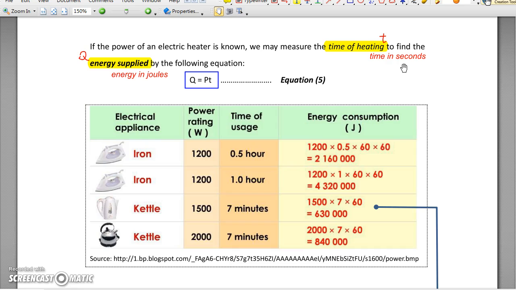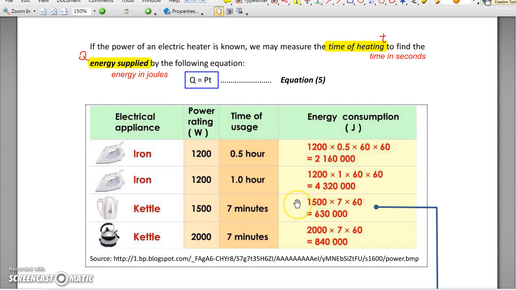For example, for the electric kettle, which has a power of 1,500 watts, heating for 7 minutes, altogether there is 420 seconds.